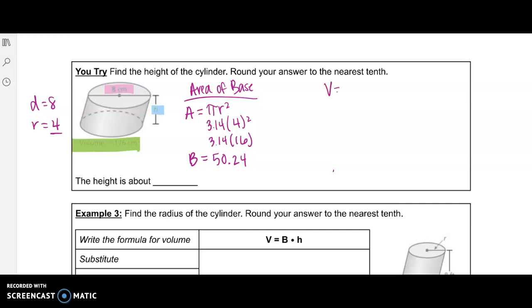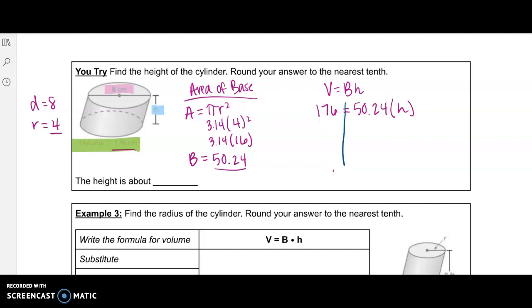So we have volume equals the area of our base times our height. So our volume was 176, which equals the area of our base, so 50.24 times our height.